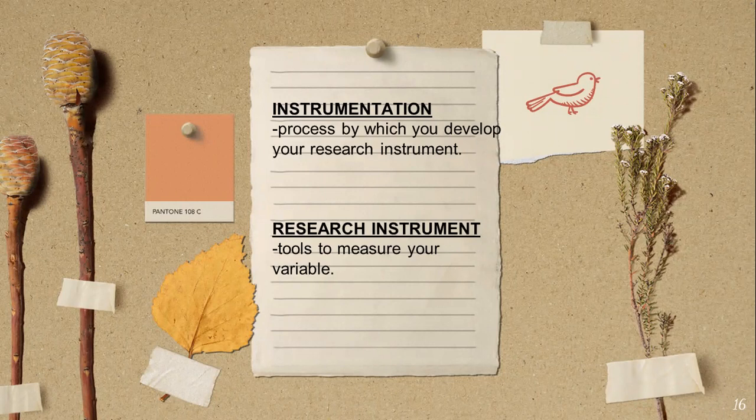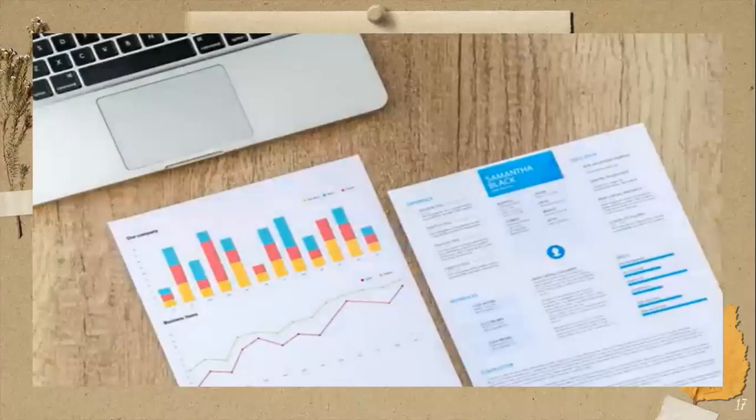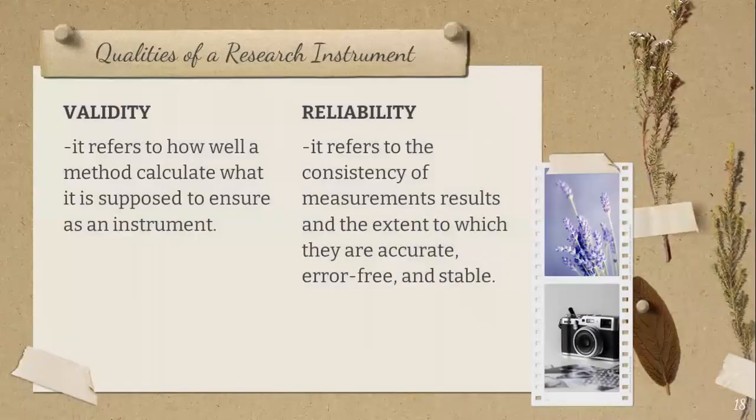This is the instrument that you will use to measure your variable and collect the data that you needed for your study. For a descriptive research, we can use a questionnaire and or a test as a research instrument.